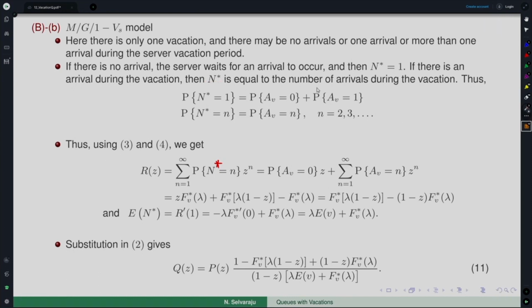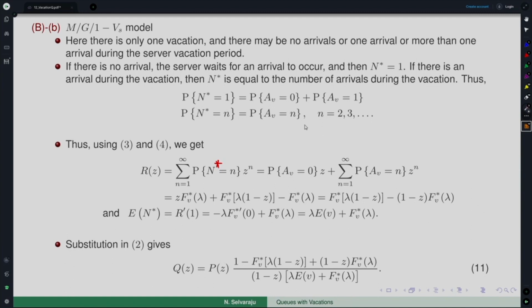Thus, at the beginning of the busy period, N star equal to 1 would be 0 arrivals during this and 1 arrival during that put together, and for N equal to 2 onwards, N star equal to n is simply the probability of AV equal to n in this particular case of single vacation period.